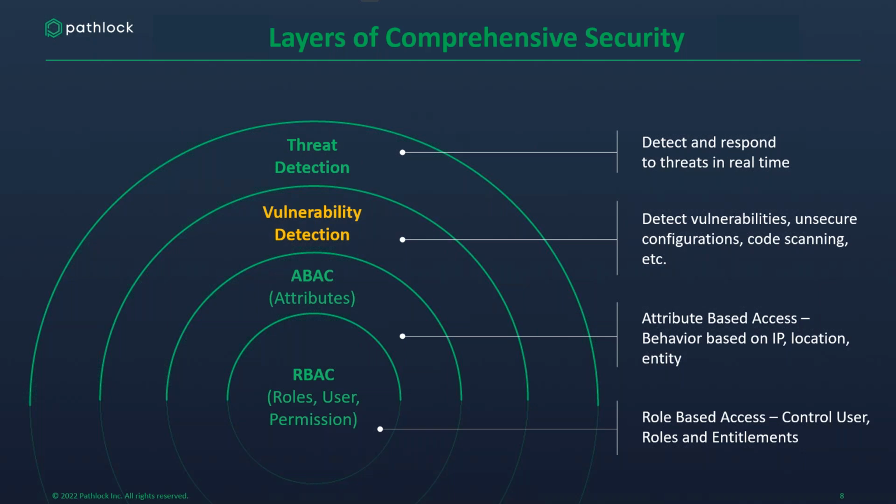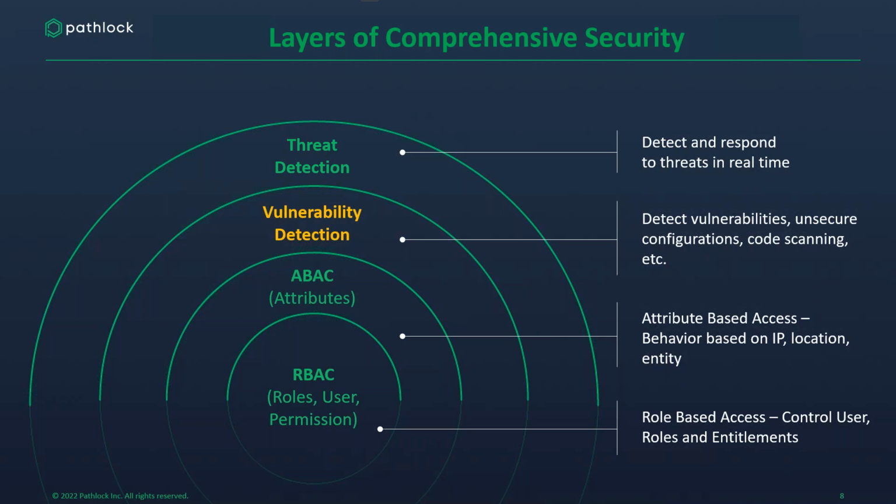The next layer is the attribute-based access. For example, that restricts access to only some IPs. Only from the US you can access something, from India something else, and if you are not from your location, your IP range, then you are not allowed to do something. The next level is the vulnerability detection.